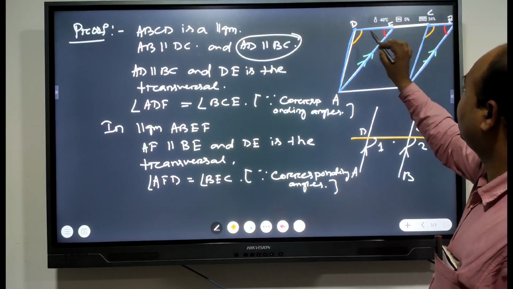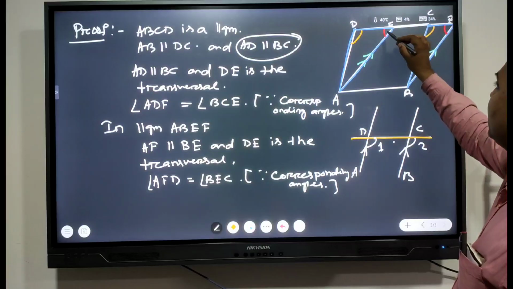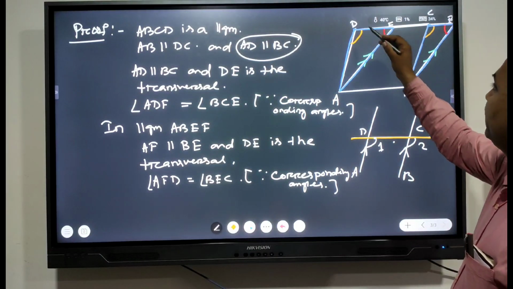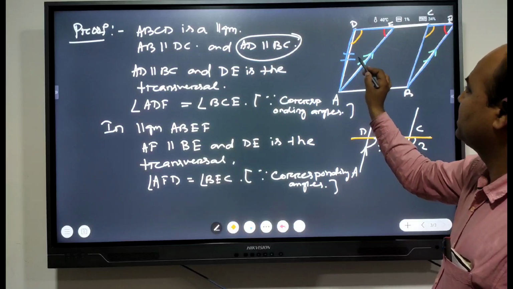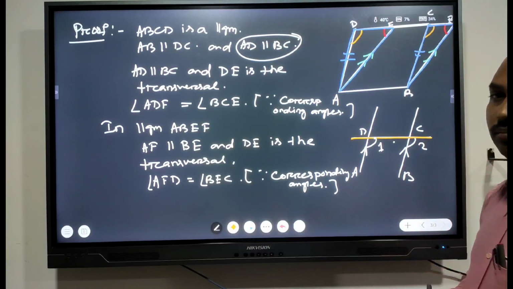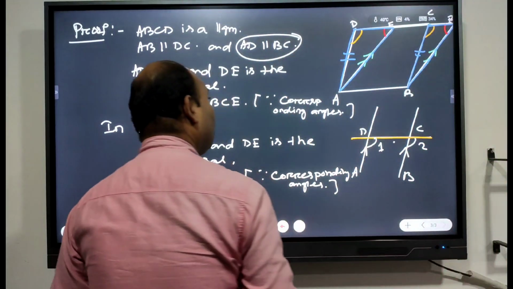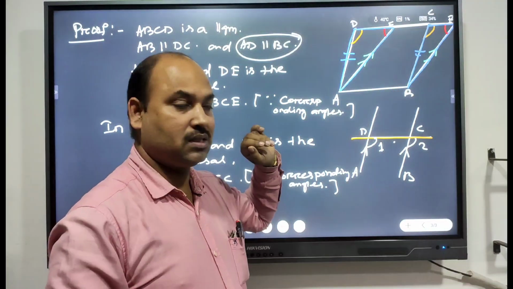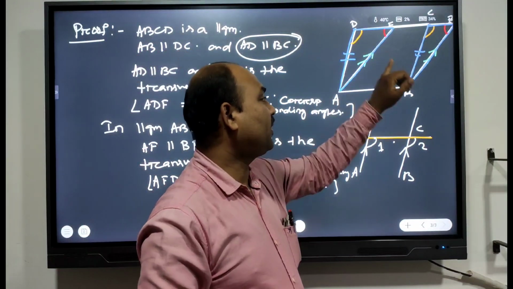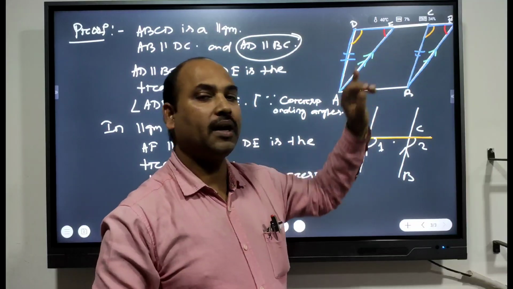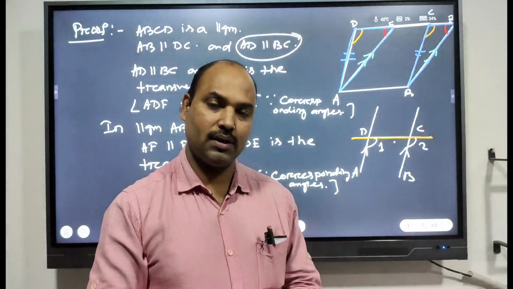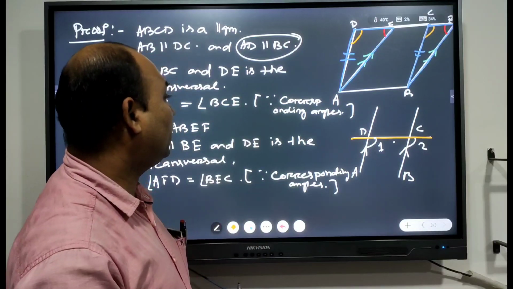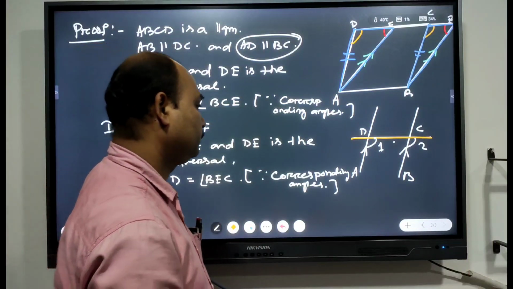Here, angle D equals angle C and angle F equals angle E. And we know that in a parallelogram, opposite sides are also equal. Then what will we do? We have to make these two triangles congruent: triangle ADF and triangle BCE. Getting my point?